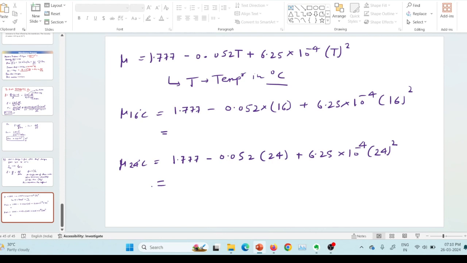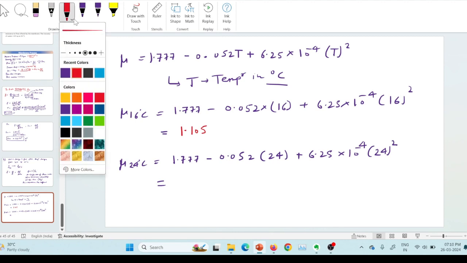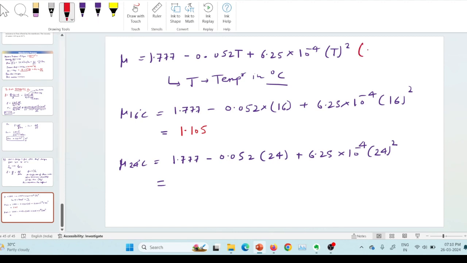So this value is coming out to be, the unit of this equation will come out in millipascal second. If we solve this first.